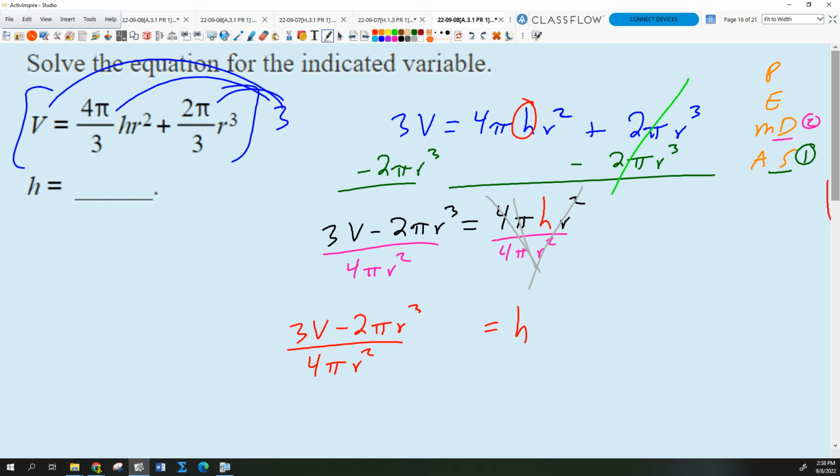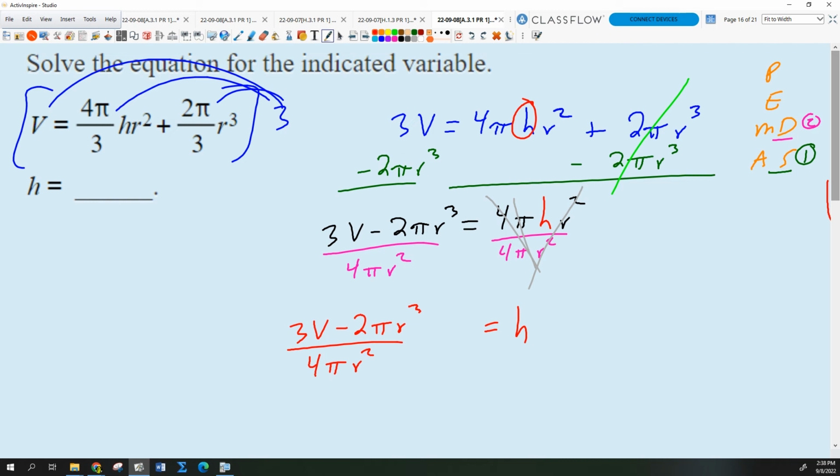I could plug those values in and get a number for volume, right? What if I wanted to rearrange that formula and write the formula for height, where I'm going to input volume and radius? Okay, isn't that what I just did here? I just created a new formula that predicts the height by inputting values for V and R.